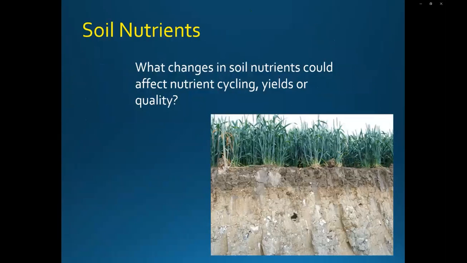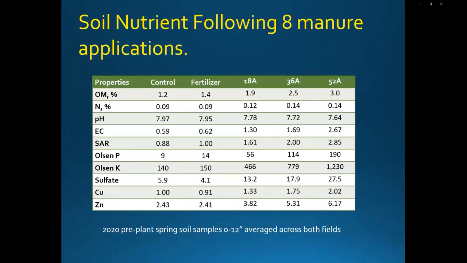Looking at what's happening in the soil, because the soil is really going to help moderate and control a lot of the nutrient cycling that we have in the cropping systems, we wanted to take a look and see how soil nutrients were changed by addition of nutrients. This is soil sampling that was done this spring, so pre-plant spring sampling in 2020.